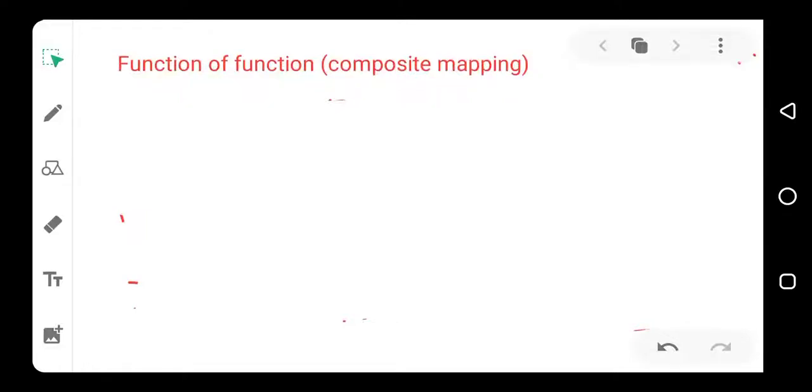In this lesson, we want to look at function or composite mapping, which we introduced in our previous lesson. We talked about composite mapping as a special form of mapping whereby we have three sets: the domain, the codomain, and the codomain produces another set, which is now the final codomain.